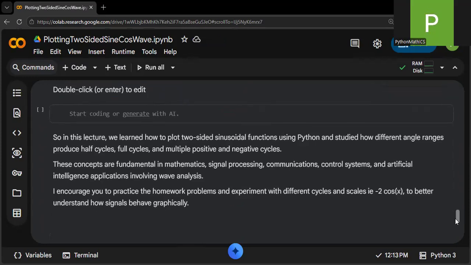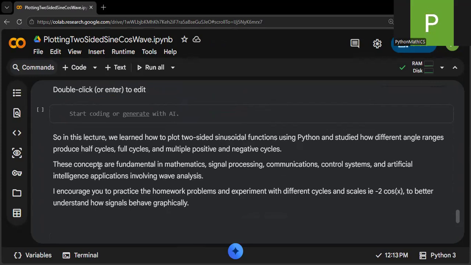So to summarize, in this lecture we learned how to plot two-sided sinusoidal functions using Python, and studied how different angle ranges produce half cycles, full cycles, and multiple cycles, both positive and negative.